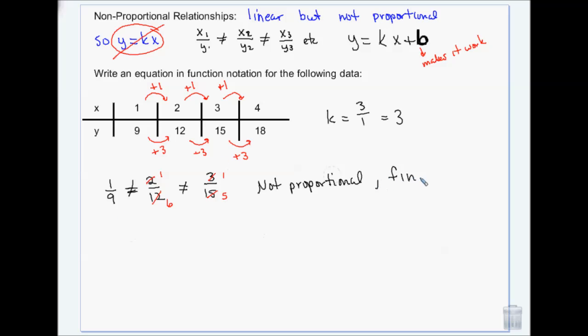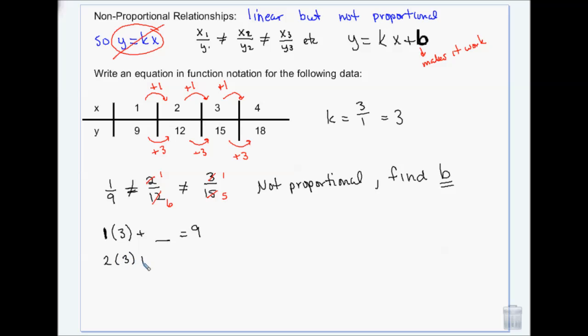So what I need to do is I need to find b. In order to do that, I'm going to take my 1, I'm going to multiply it by my k, and I need it to equal 9.